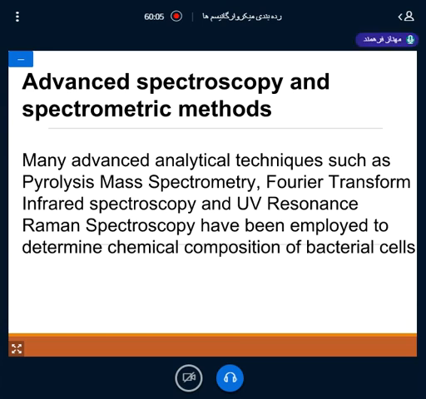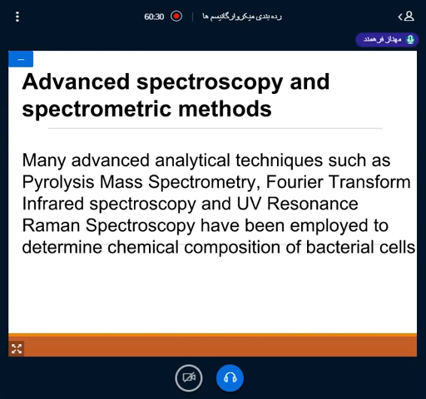Many advanced analytical techniques such as pyrolysis mass spectrometry, Fourier transform infrared spectroscopy, and UV resonance Raman spectroscopy have been employed to determine the chemical composition of bacterial cells.